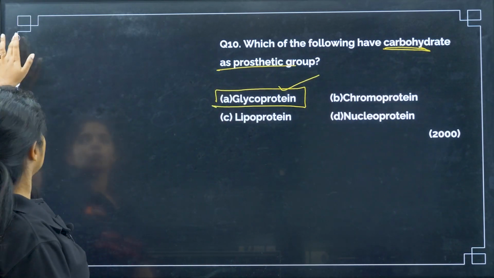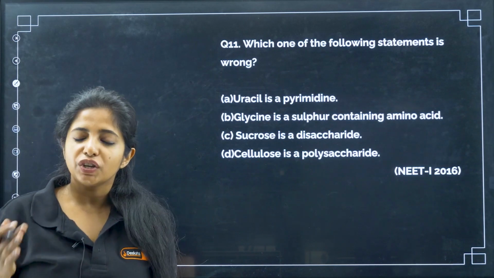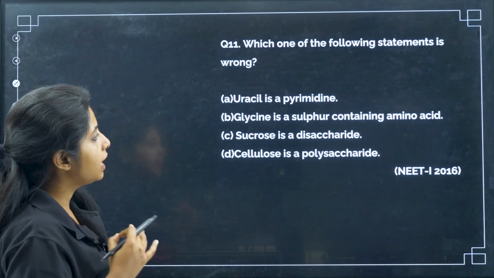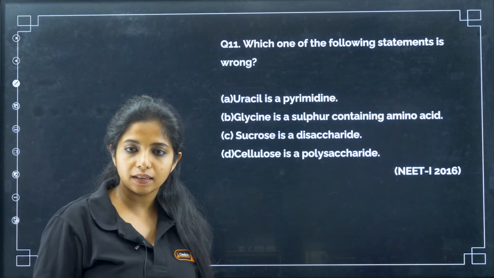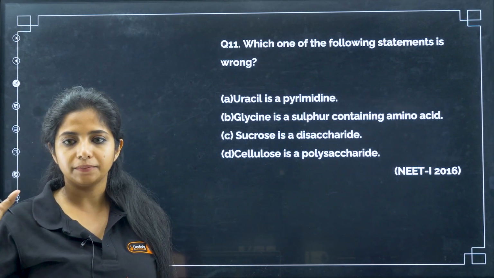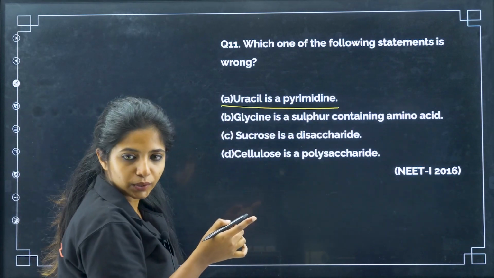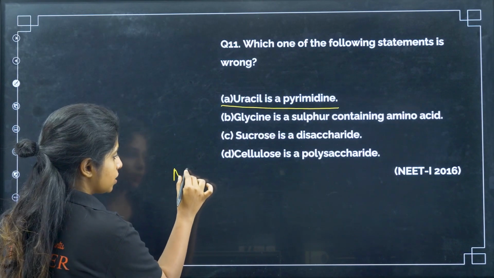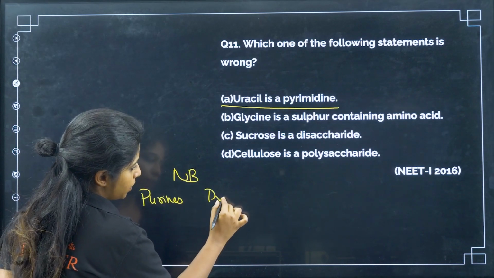Okay, cool. Next, which one of the following statements is wrong? Uracil is a pyrimidine, glycine is a sulfur containing amino acid, sucrose is a disaccharide, cellulose is a polysaccharide. Uracil is a pyrimidine, definitely. I told you in nitrogen bases you have two types: purines and pyrimidines.